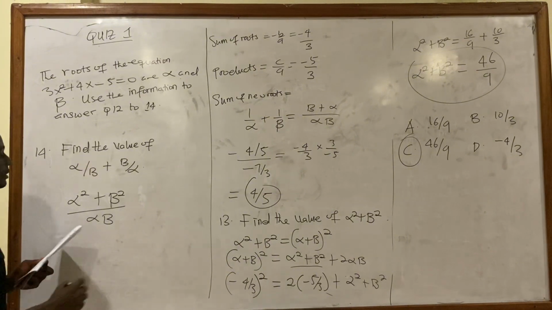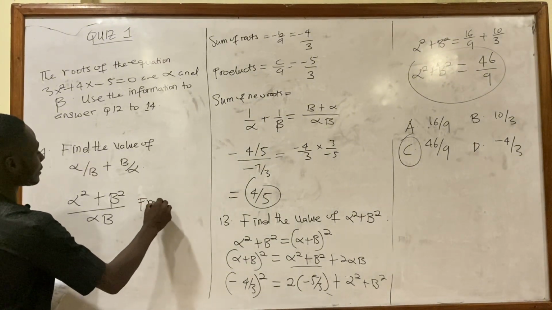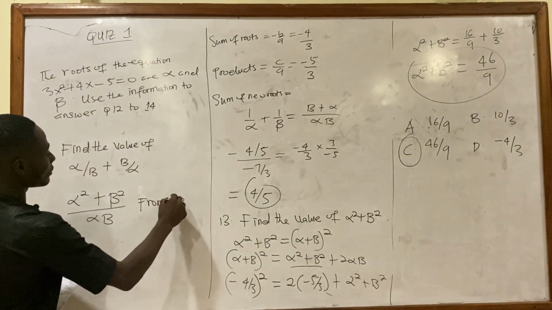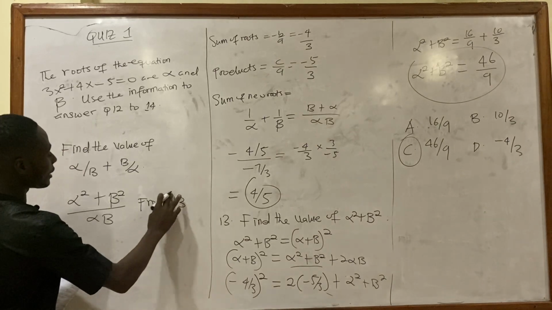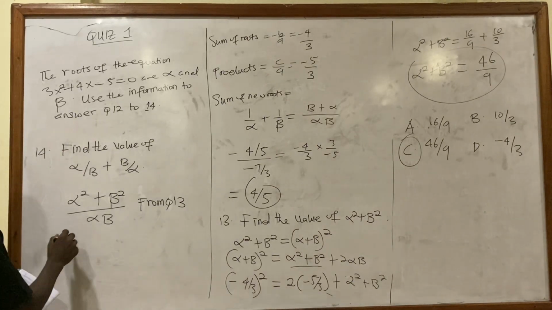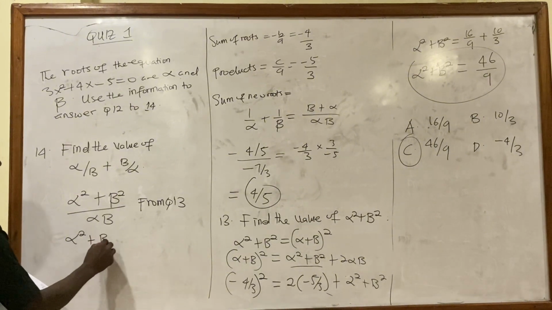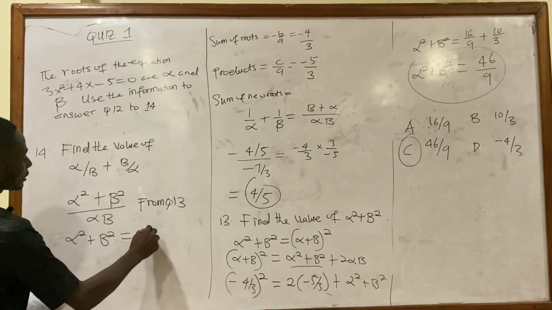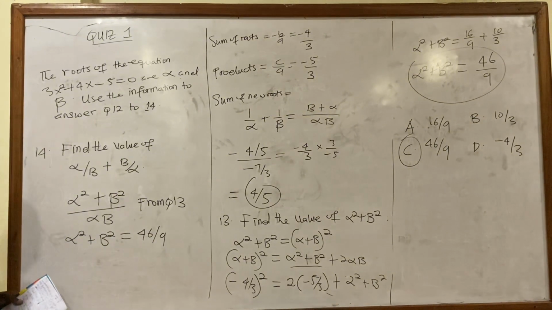So we can say that from question 13, alpha squared plus beta squared is equal to 46 over 9. So we just fix in the value of that, and then we go away.